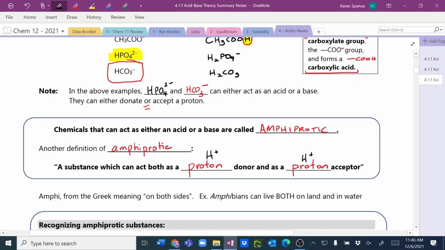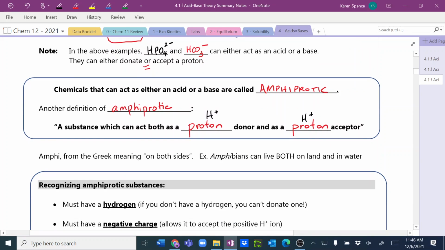And in fact, we'll put both of them there for now so that you get used to seeing them interchangeably, yes? Amphi is from the Greek, meaning on both sides. And once again, we mentioned that amphibians can live both on land and water. And I think it's the same root as ambidextrous, which means you can use both hands, right?